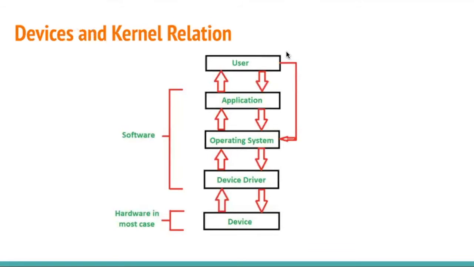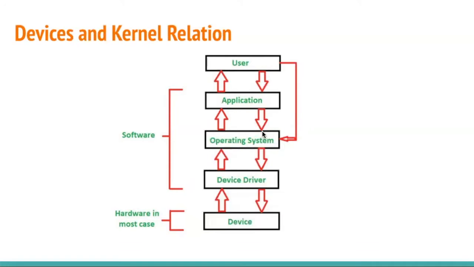If you see this structure, you can see that devices are separate from the operating system or kernel. To connect the kernel and the devices, we have device drivers. The responsibility of device drivers is to communicate whatever the device has to say to the kernel or operating system.